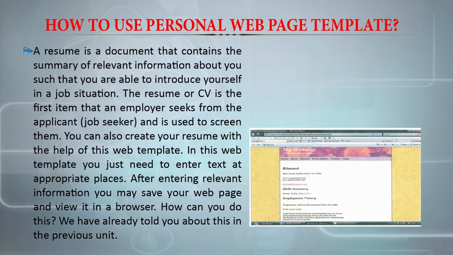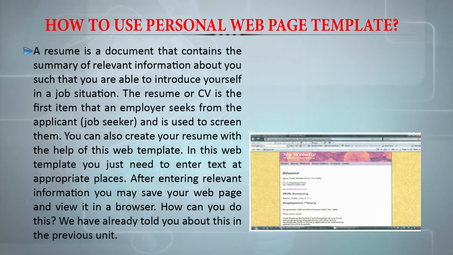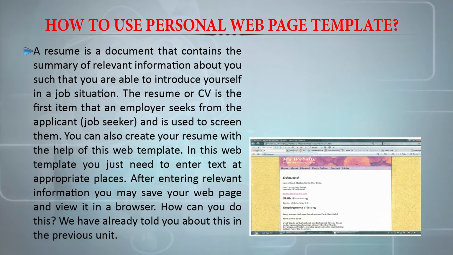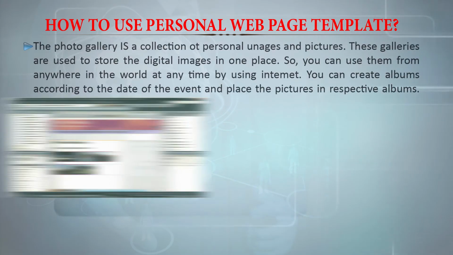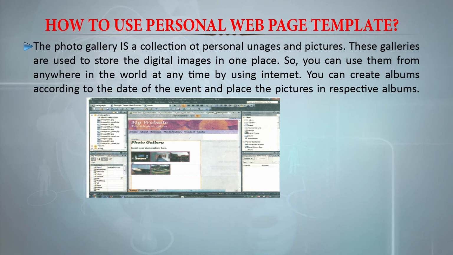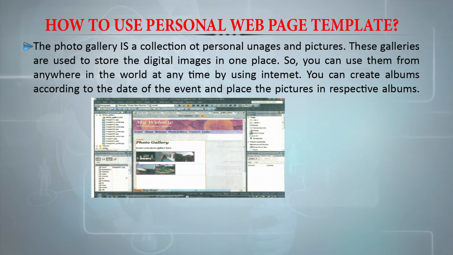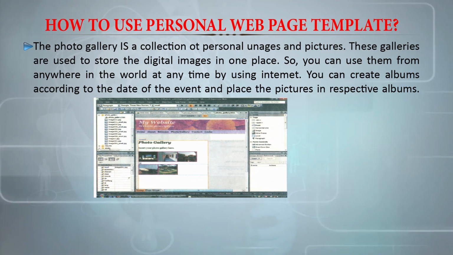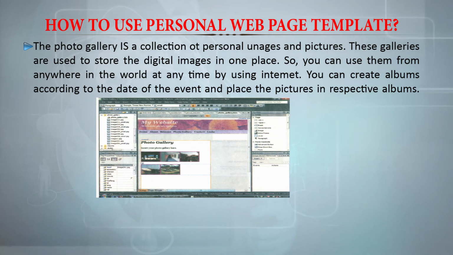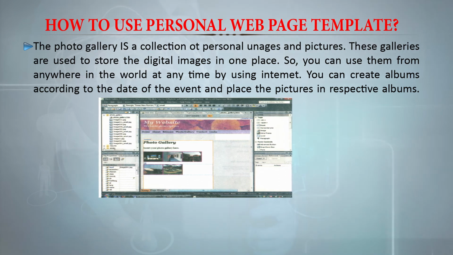Of course, we have already discussed most of these things during our earlier discussions. For example, the photo gallery is a collection of personal images and pictures. These galleries are used to store the digital images in one place, so you can use them from anywhere in the world at any time by using the internet.